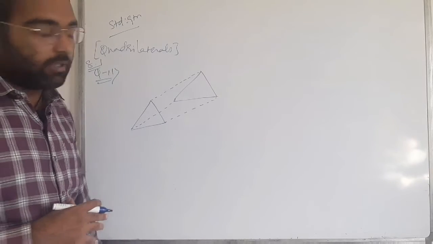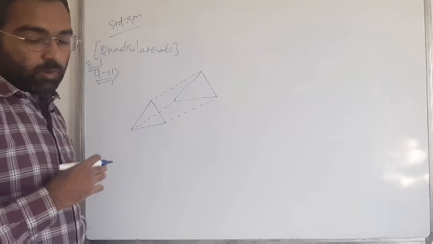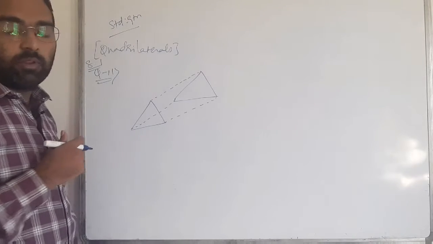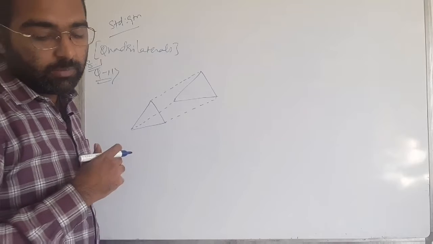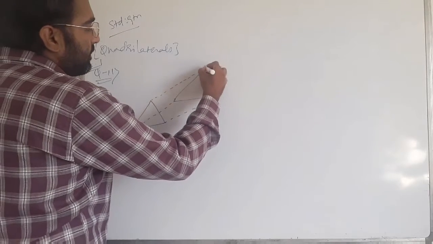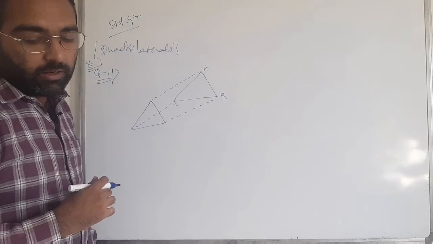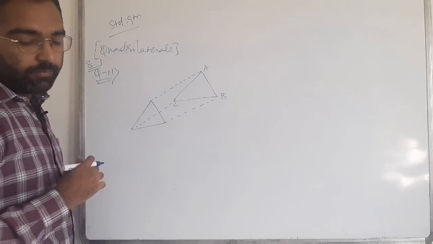This kind of shape is given. Now in triangle ABC and DEF, here ABC is given and DEF.